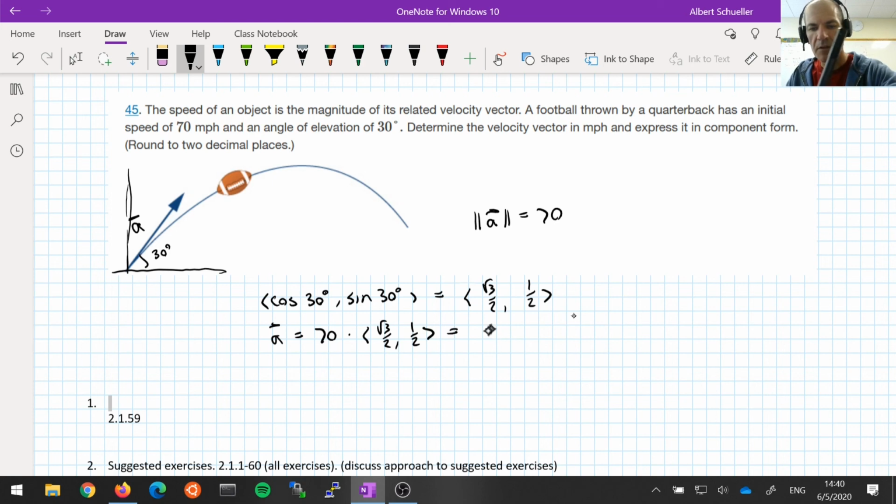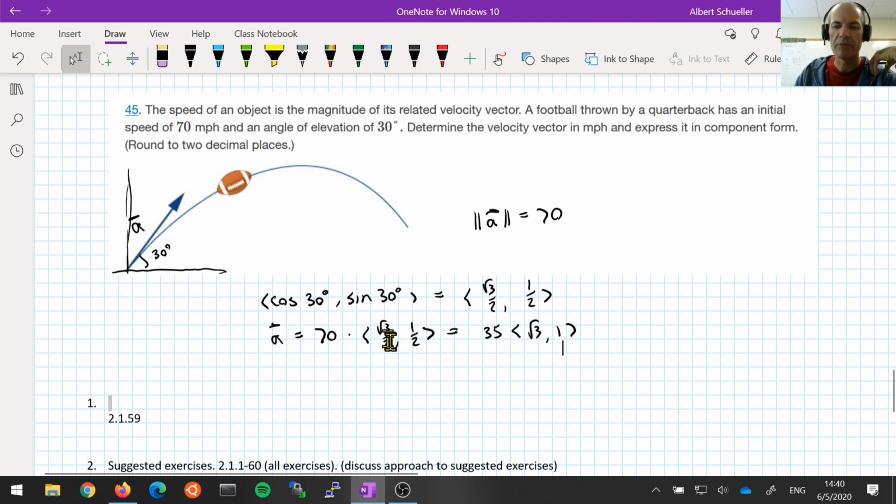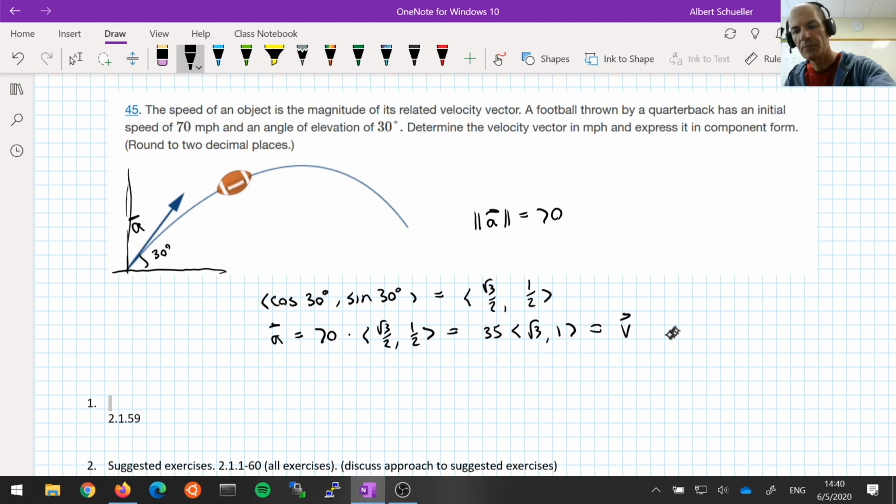And that is 35 root 3, 35. How did that 70 turn into a 35? I factored the 1/2 that was in both components out front and simplified. So this is the velocity vector of the football.